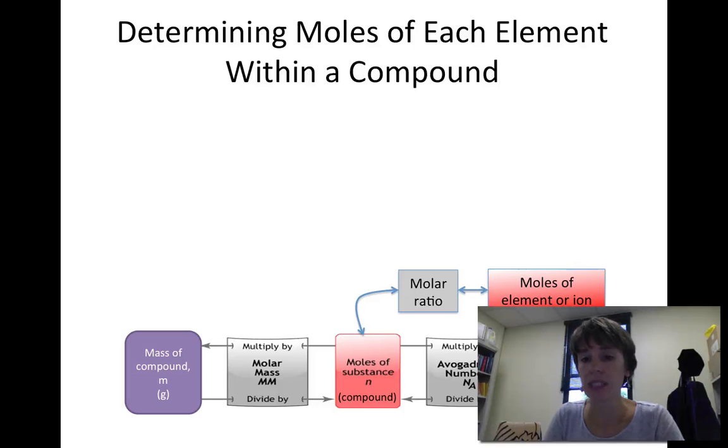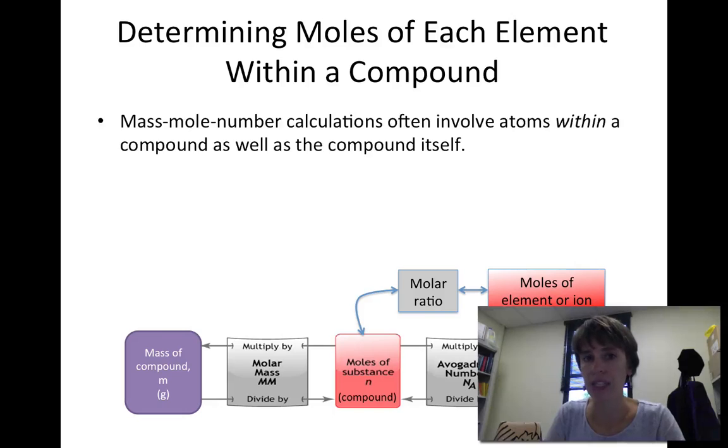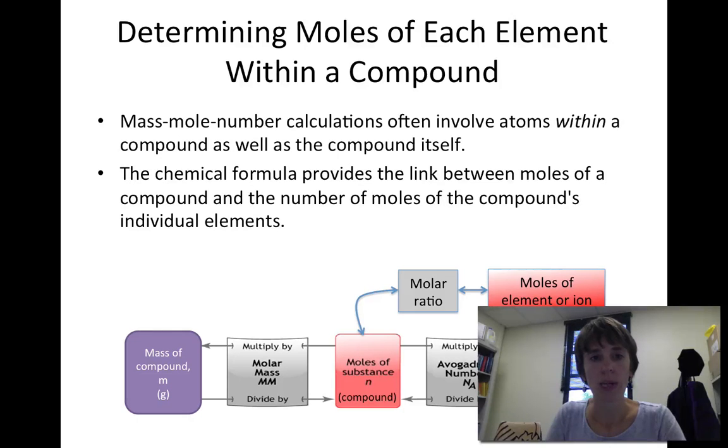But let's take this one step further, and we did a couple problems like this, but they weren't on the last test. What if we try to identify how many moles of each element we have in a compound? The calculation is a little bit different. And we can do mass, mole, number calculations for the compound. If we have so many grams of compound, we can divide by the molar mass to get moles. We can multiply by Avogadro's number, and that's going to get us molecules.